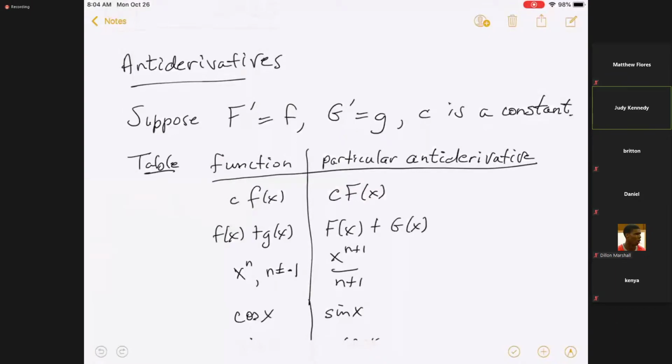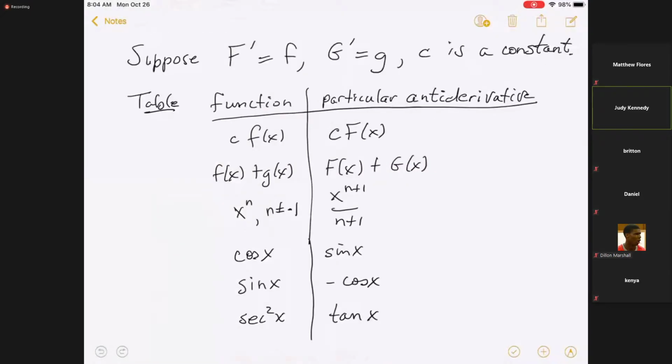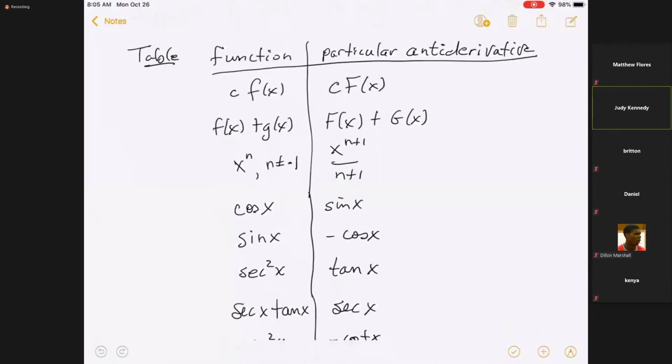And the next one's a more general rule. If you have x raised to a power n, and that power is not equal to -1, and that n is fixed, it's not varying, okay, then the antiderivative of x to the n is x to the n plus 1 over n plus 1. And then because the derivative of the sine of x is the cosine of x, that means an antiderivative of cosine of x is sine of x.